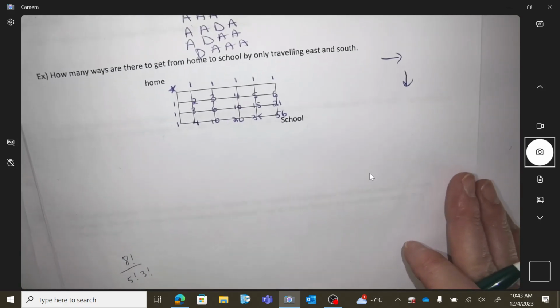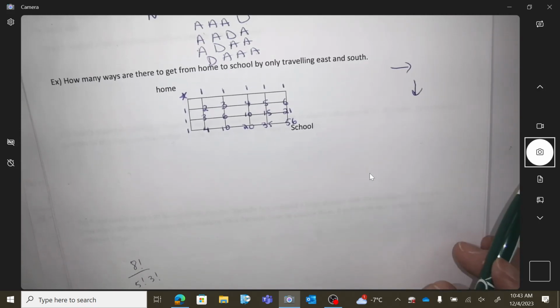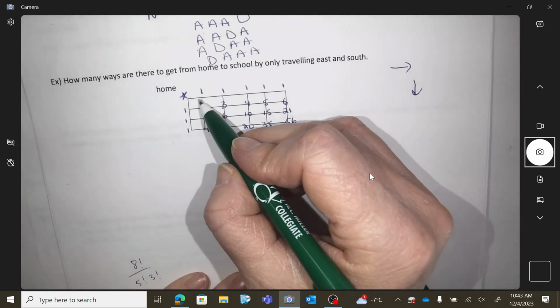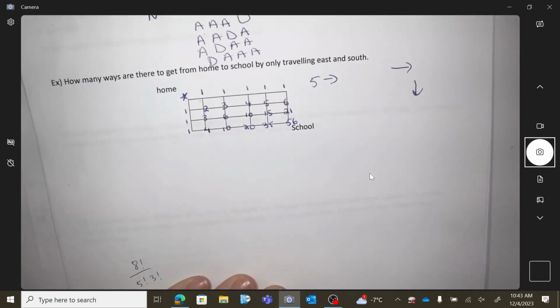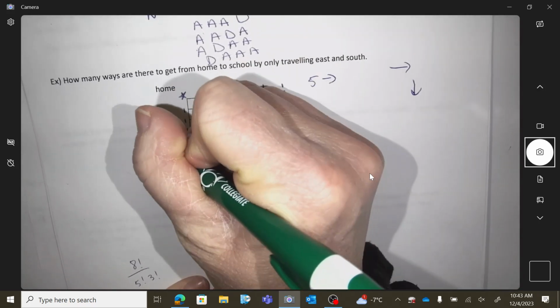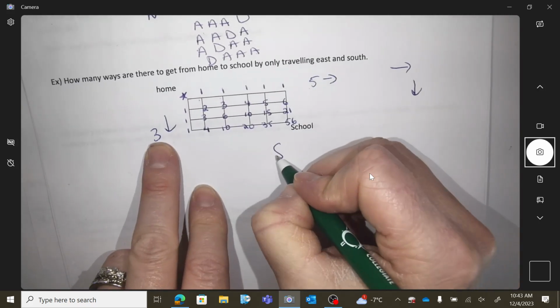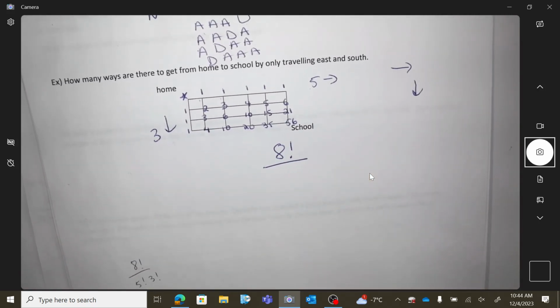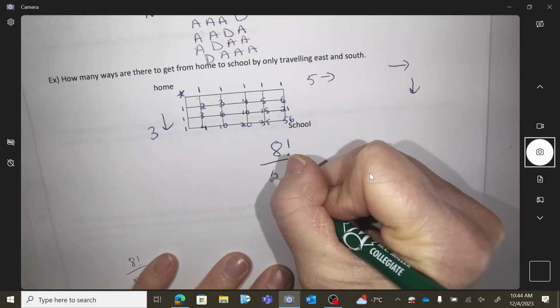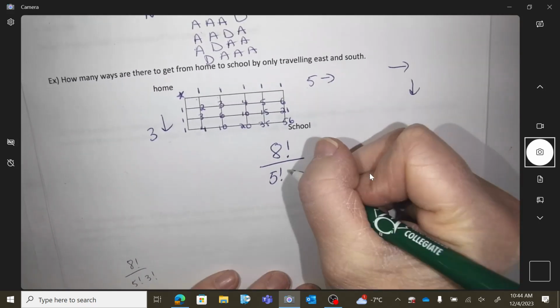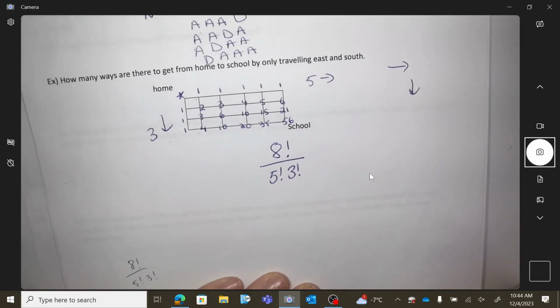Okay, so how does this relate? There was 5 ways to go across, and 3 going down. So here's where this number came from. So 5 and 3, there was 8 directions altogether. 5 repeated in that direction and 3 repeated in that direction.